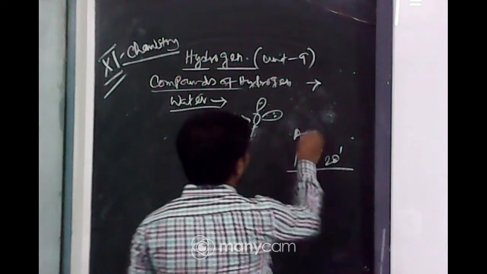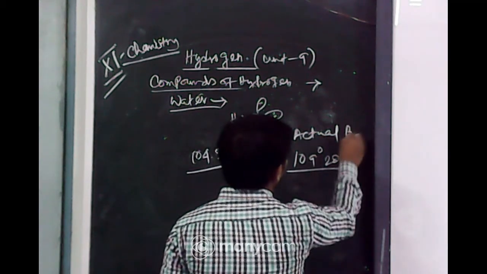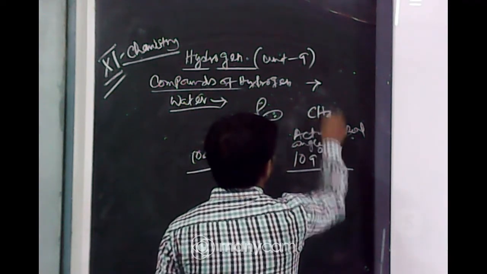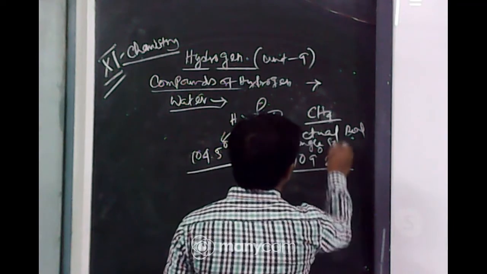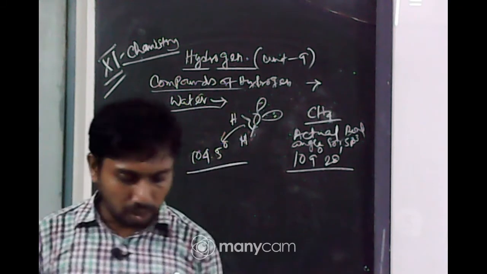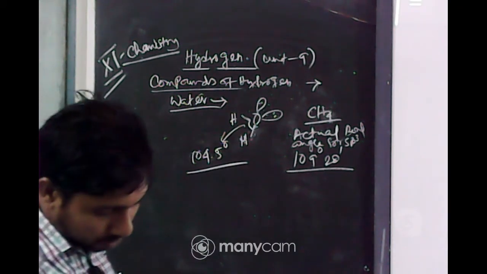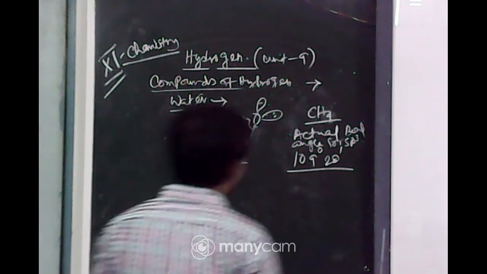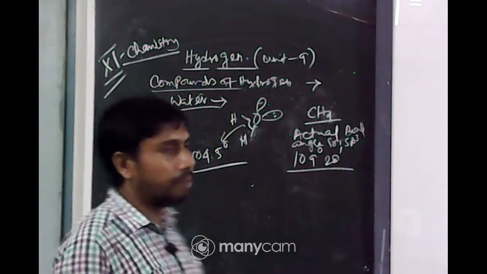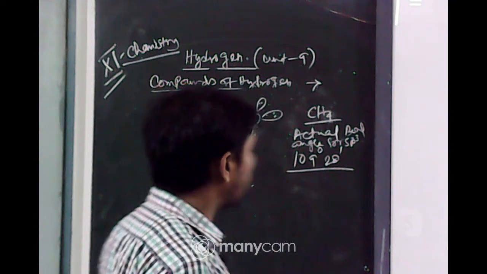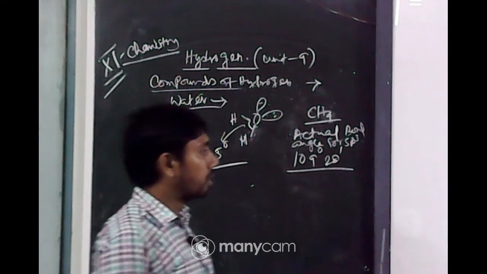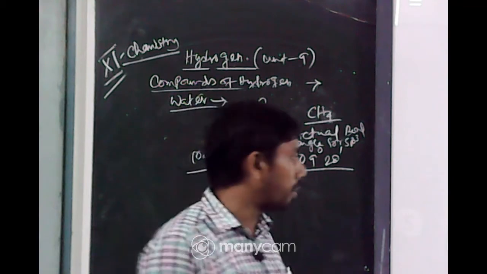The actual bond angle for sp3 hybridization, which is observed in CH4, is 109 degree 28 minutes. But you can see that here is a deviation from the bond angle. Why this deviation? Can you tell me about that? What is the rule applicable here? The very important rule is there. Can you tell me about the rule?